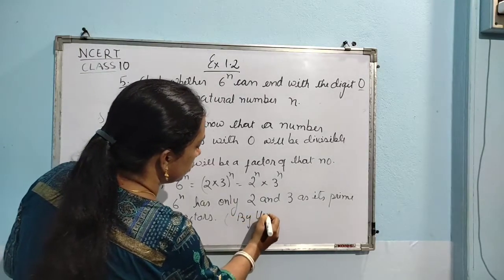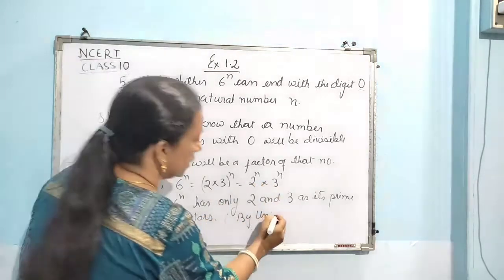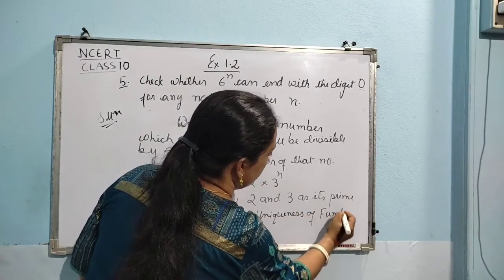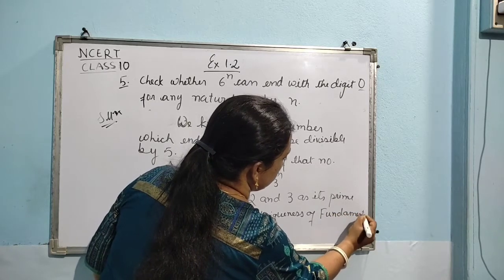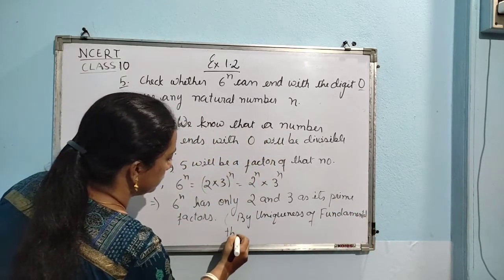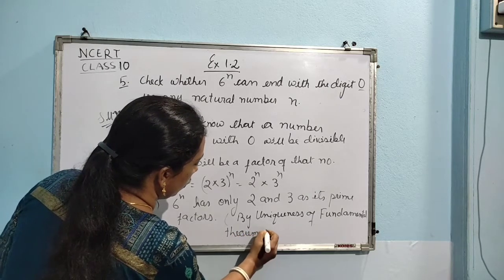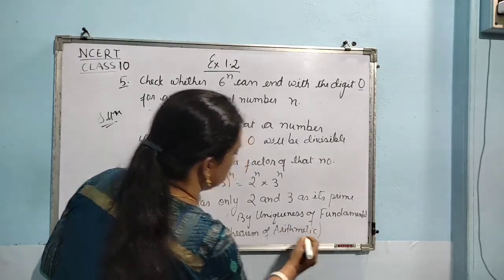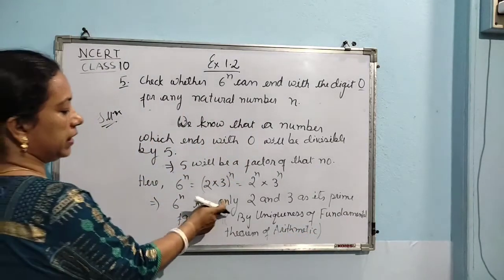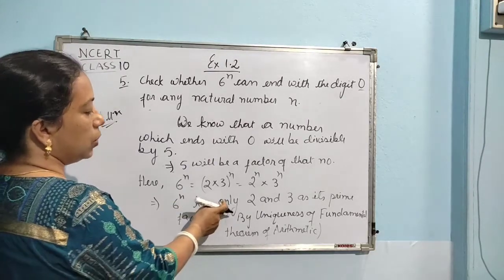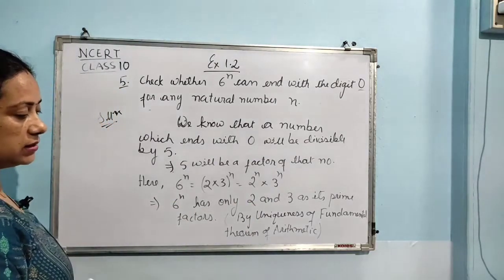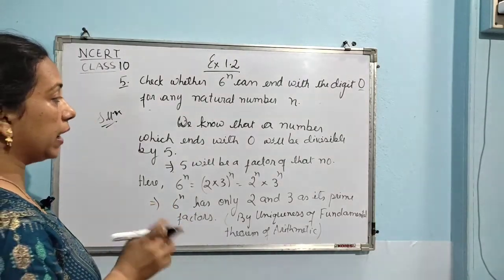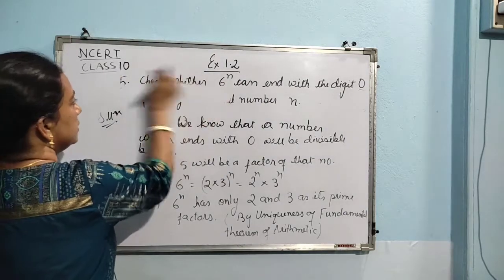Because these are unique, by the uniqueness of the fundamental theorem of arithmetic. That's why I have written that 6 to the power of n has only 2 and 3 as its prime factors. Now, if it has only 2 and 3 as its prime factors, definitely you do not have 5 as its prime factor, isn't it?